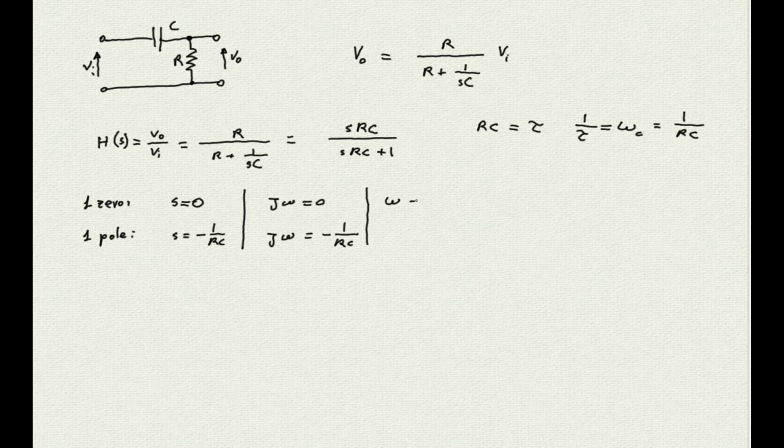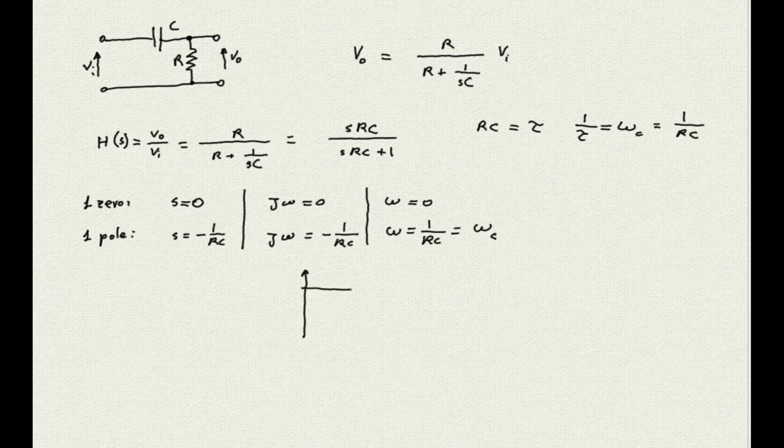And if we take the magnitude of the two, we obtain omega equals 0 and omega equals 1 over RC, which is omega c. And there we have them, one zero and one pole, that we can use to describe graphically how our circuit behaves at the change of the frequency by using the Bode diagrams.